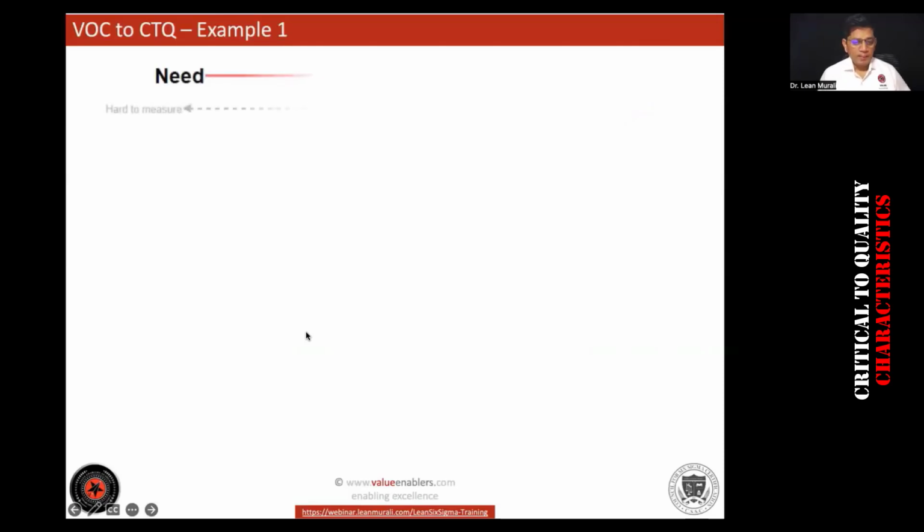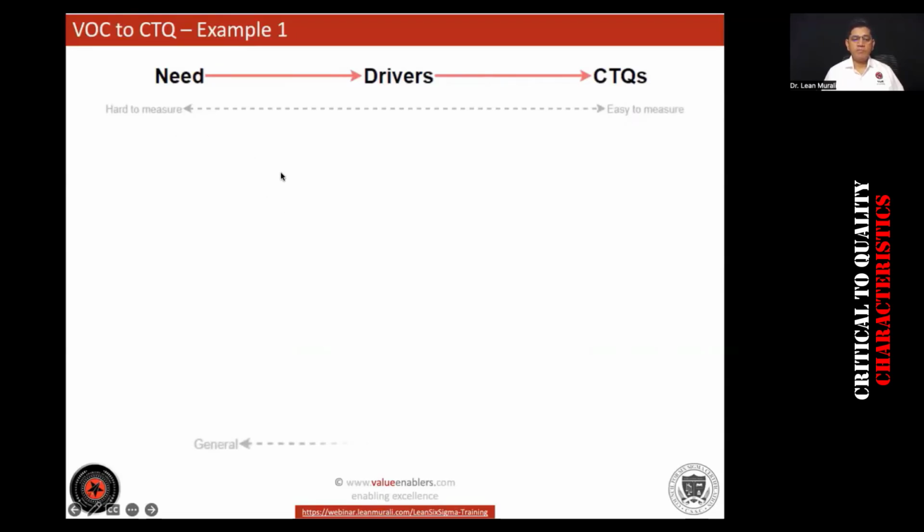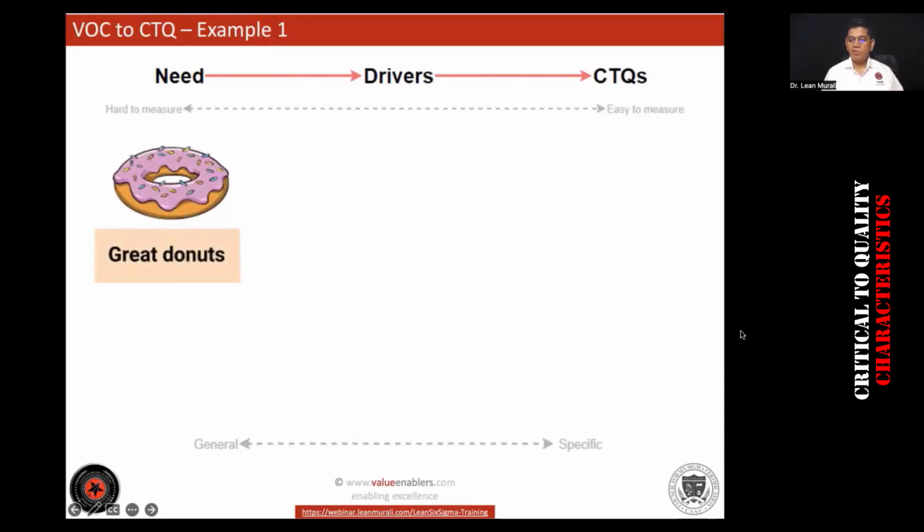Okay, example 1. I said the need is hard to measure and easy to measure, for example, and the need is generalistic and CTQ is more specific. Suppose how many of you love donuts? Just give me a donut in the chat box. Okay, if you want to have great donuts, the drivers are the freshness of the donut and the variety of the donuts.